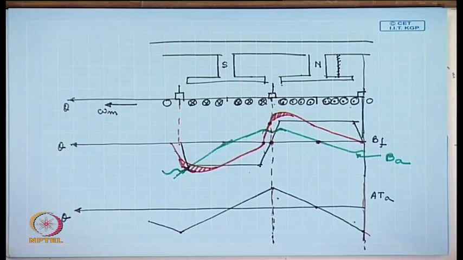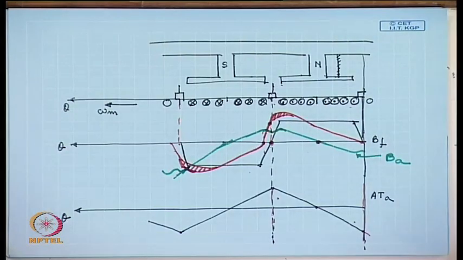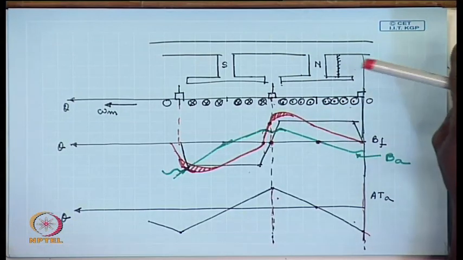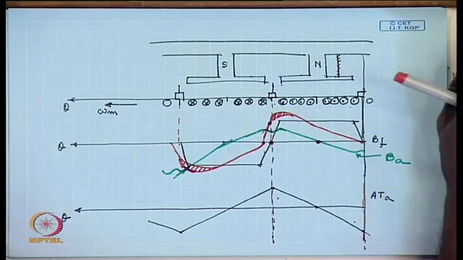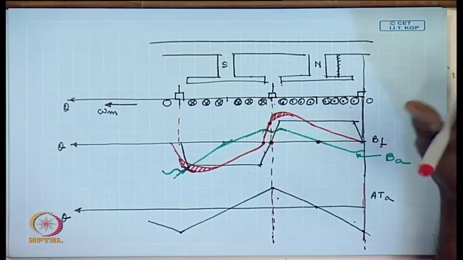The other disadvantage is, even if this is not the voltage induced in every coil, we have found that instantaneous voltage is proportional to the flux density. Because of this increase and decrease in the flux density waveform, the instantaneous induced voltage in a coil will be far larger than their average value.